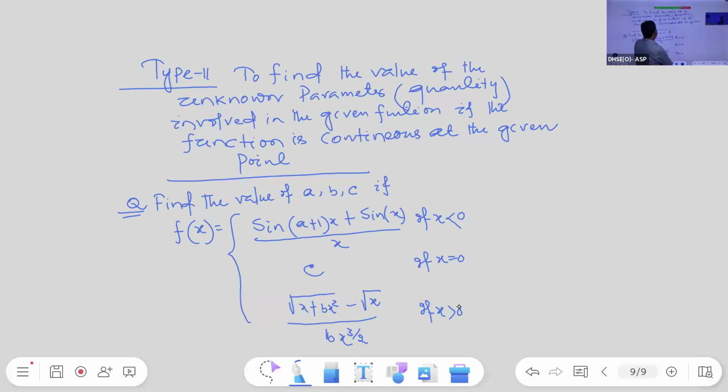If f of x is continuous at x equal to 0, then find the value of a, b, and c.